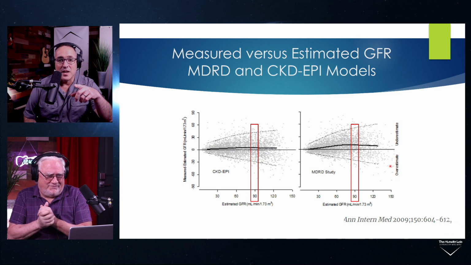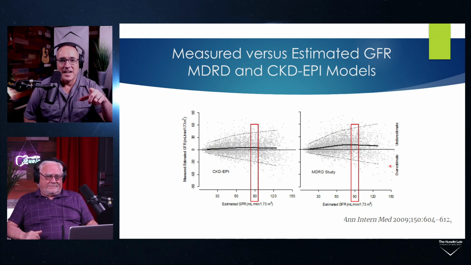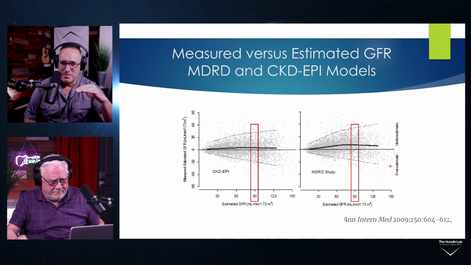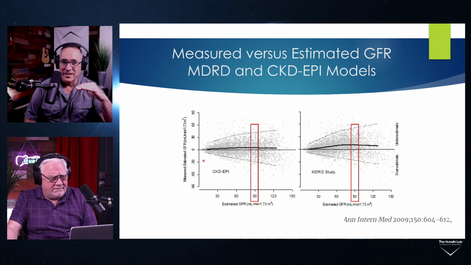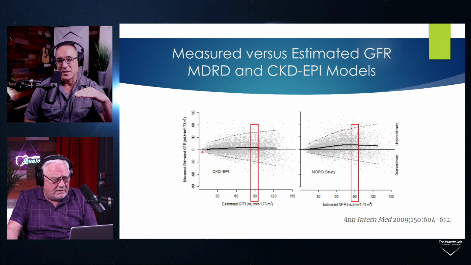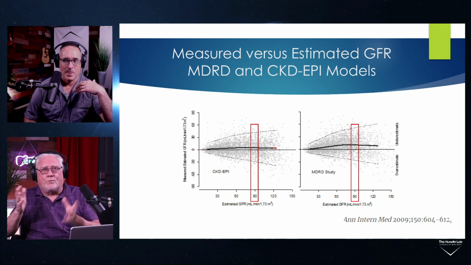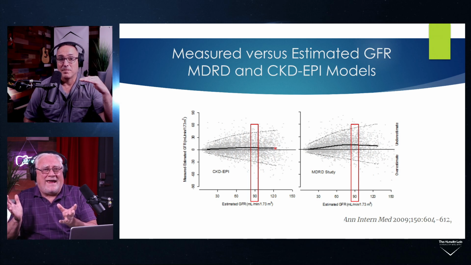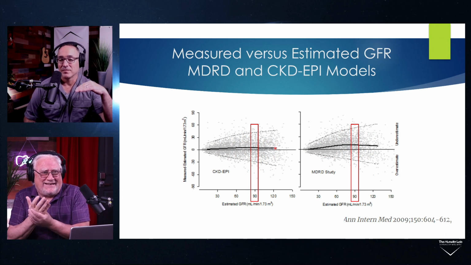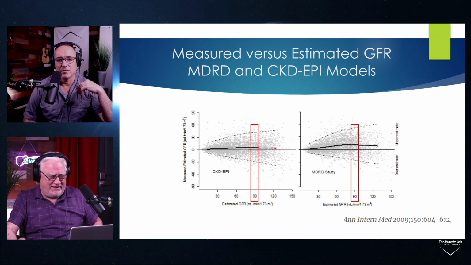But you can also see between the MDRD and the CKD-EPI that the median line is a little higher. The bias is off a little bit on the MDRD, skewed upwards, and the CKD-EPI is closer to the 0 mark. Clearly, you want to be at the 0 level for your overall average to be approximating what the measured GFR is.